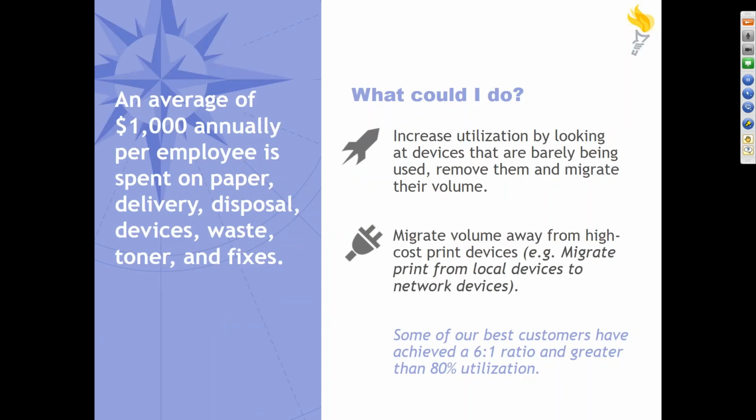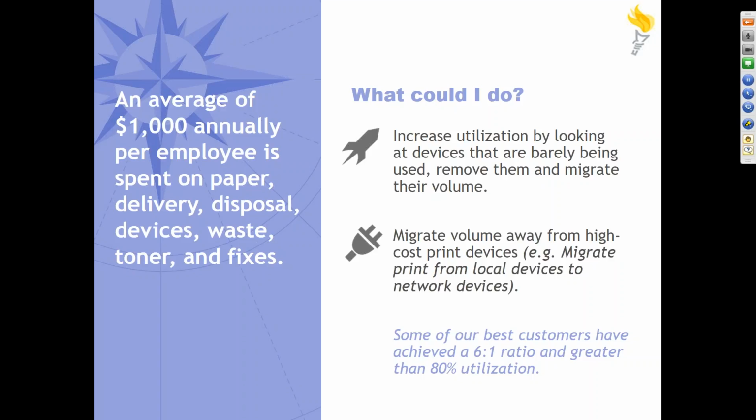And so one of the striking values is that for every employee in your organization, we see an average of about $1,000 spent for the full life cycle of print, including the cost of paper, delivery, disposal, the device service, supply, waste, et cetera, et cetera.